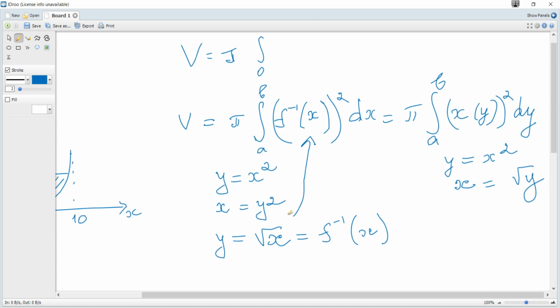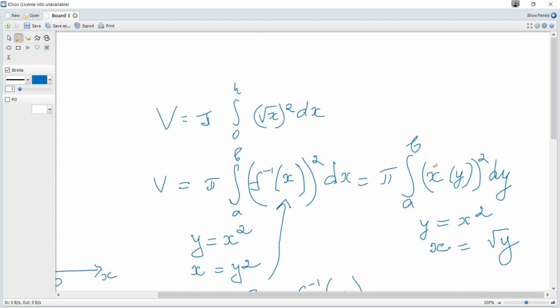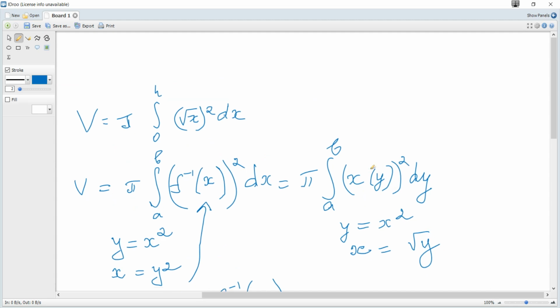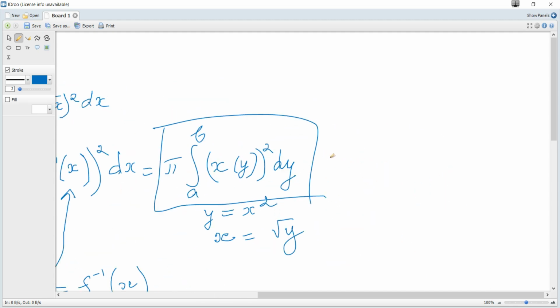And if you use this formula, it's what? Root x squared dx. Or if you use this formula, this becomes what? Pi integral from 0 to h, root y squared dy.